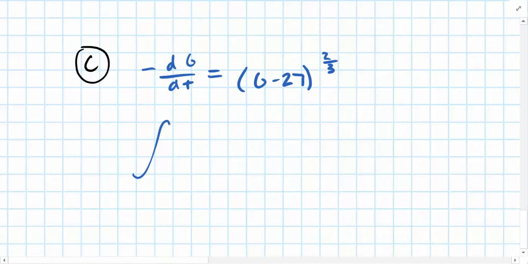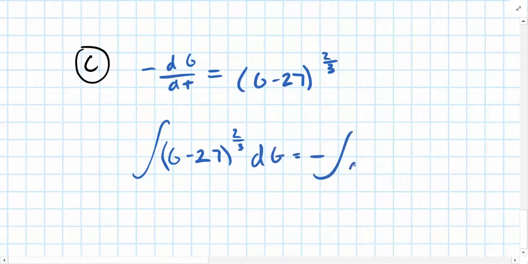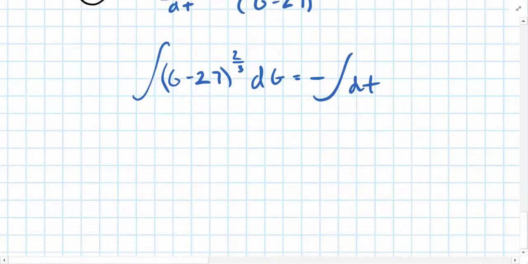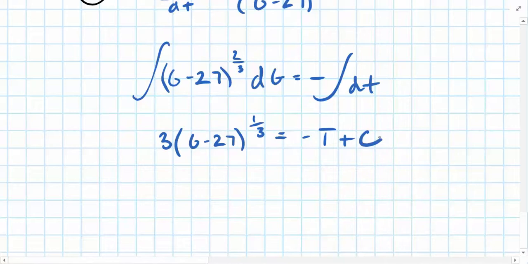So the integral of g minus 27 to the 2/3 dg will equal the negative integral of dt on its own. So now, going to integrate, so 3 times g minus 27 to the 1/3 equals negative t plus c.